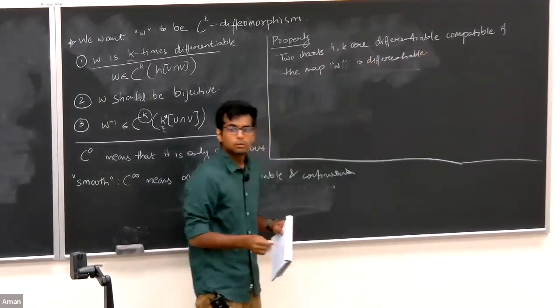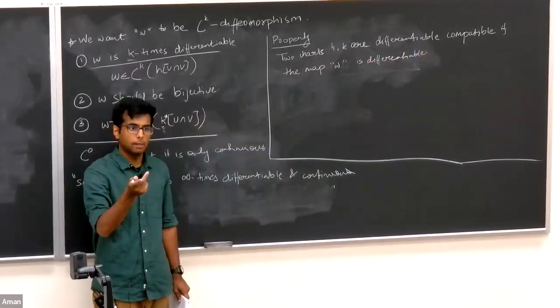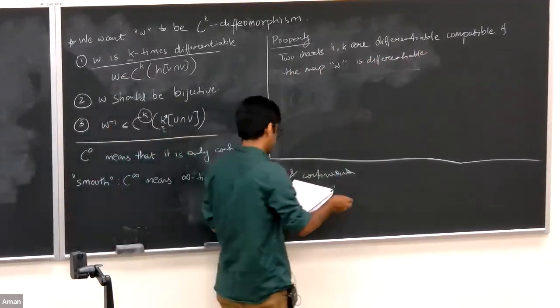So we just say that two charts, h and k, are differentiably compatible if the map between them, omega, is a differentiable function. That's it.